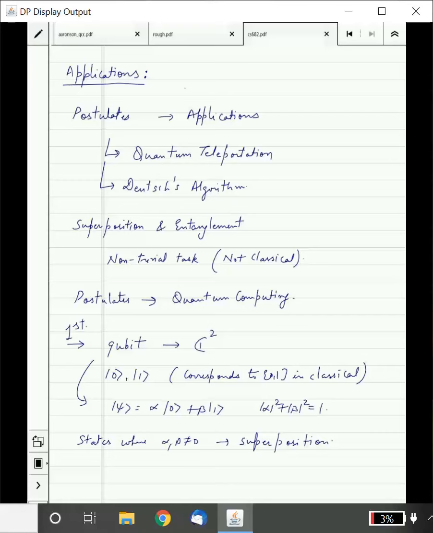We also notice that if we have two qubits, then we have to take the tensor product. The state space of two qubits will be C square tensored C square.